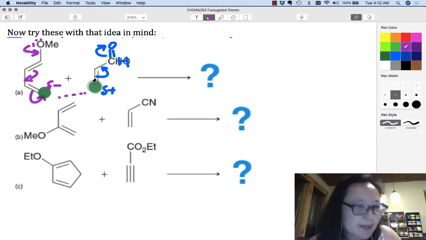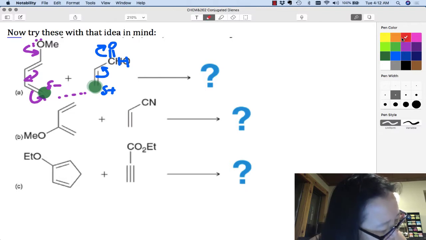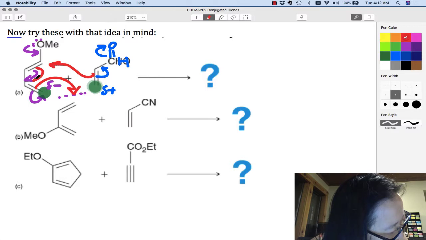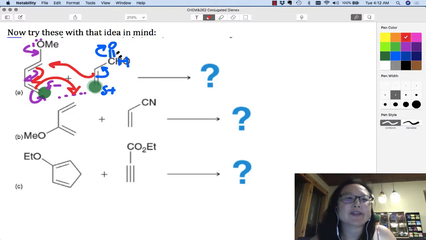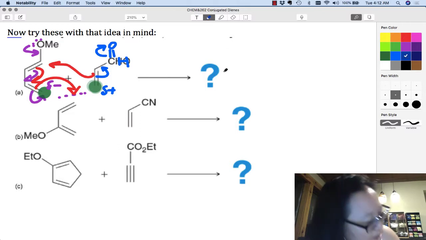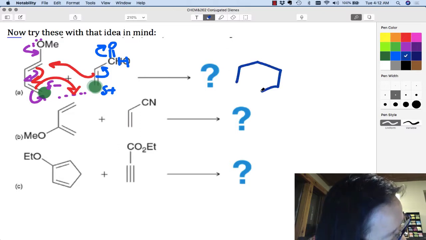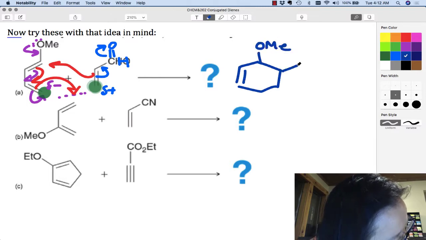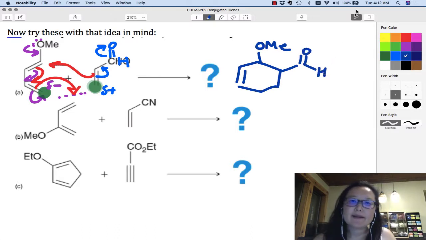All right, so that means I'm going to have my Diels-Alder reaction in red here, here, and here. So actually, I like the way they're aligned in this case. So I'm going to put that together, and I'm going to end up with this reaction here. Okay.